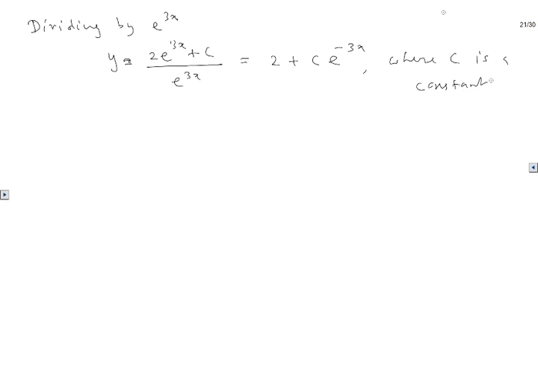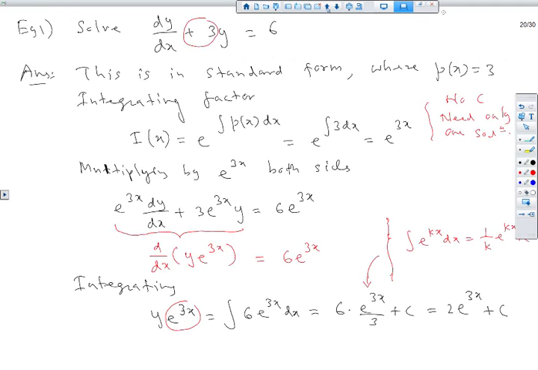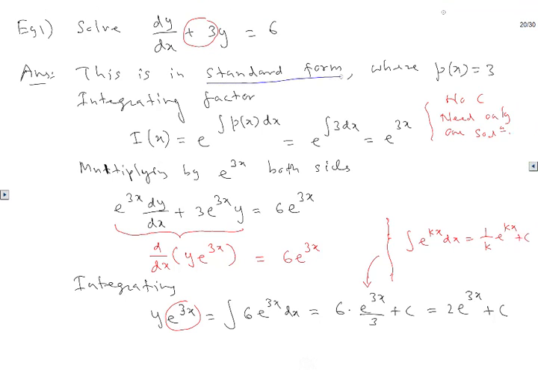So that's the solution. You can see that it's not that bad. Let's go back and see the steps again. This equation is in the standard form, and we know that P(x) is 3. We plug in here and solve for the integrating factor, e to the integral of P(x) dx, so you get e to the 3x, and then we multiply the whole equation by that.